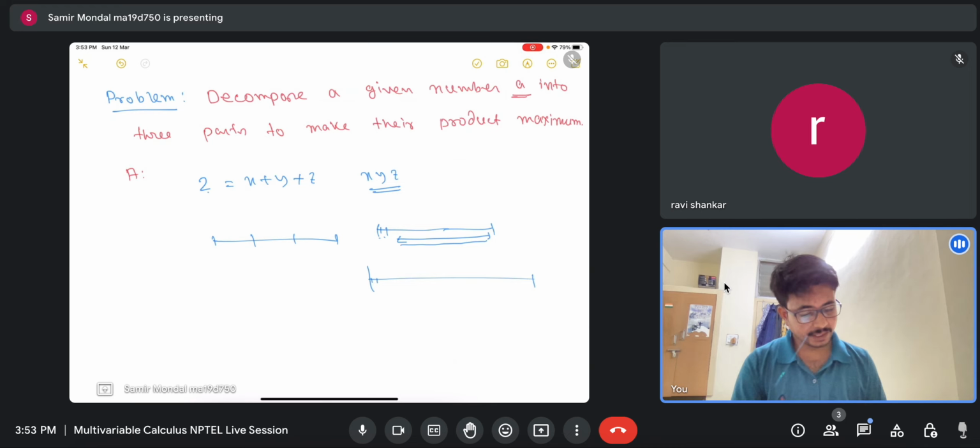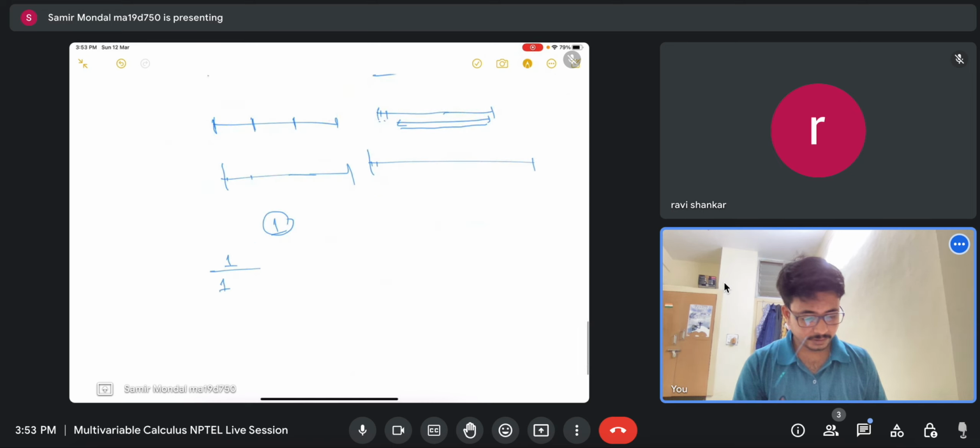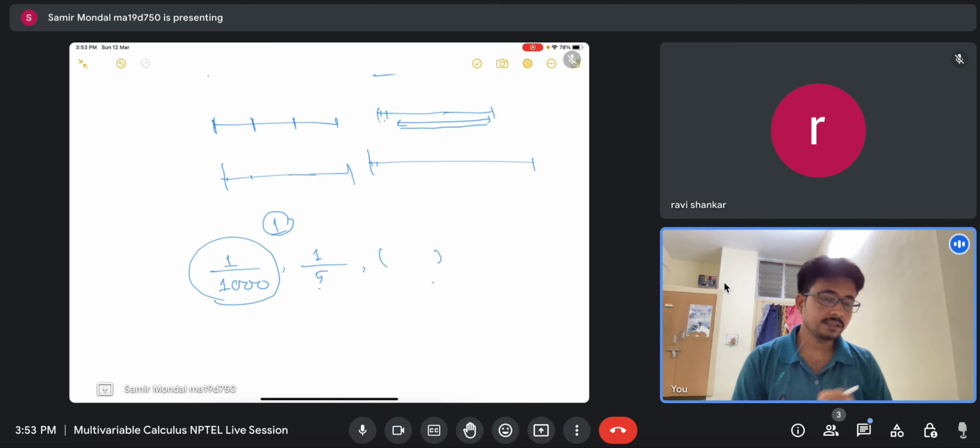So one guess is that we can distribute equally. This is a normal case. Suppose one part is very small, then whatever you take for the others, your product will be very small. Suppose one part is 1, another is 5, and the rest another; when you multiply these numbers, your product will be very less.